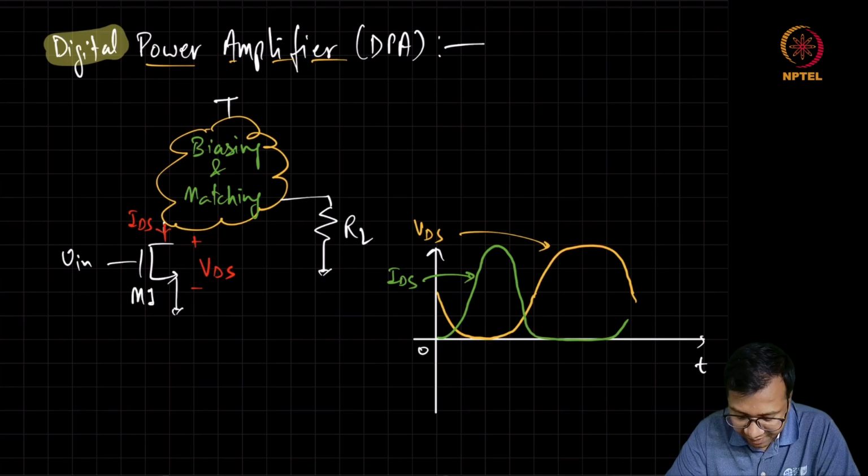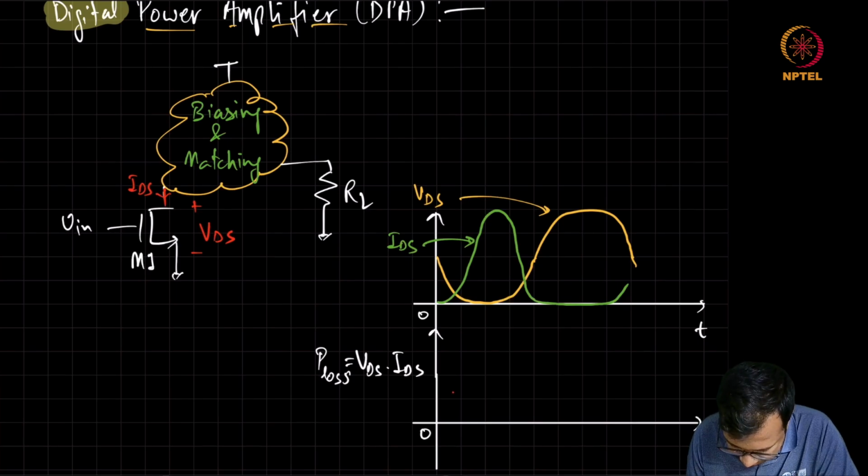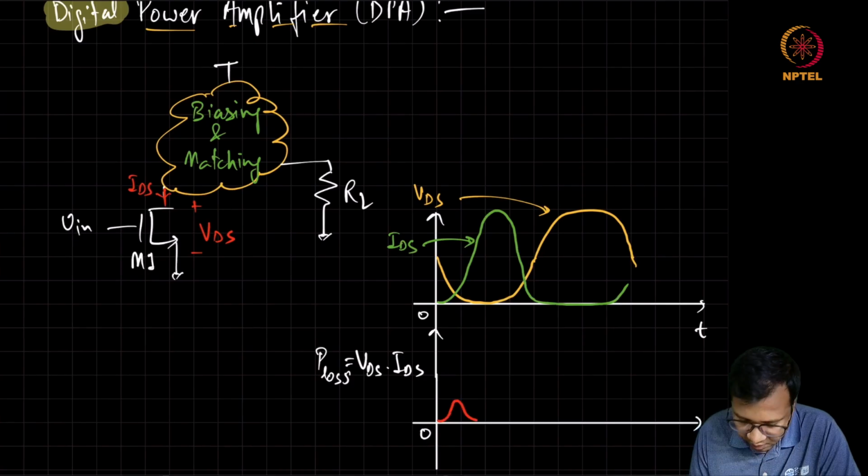So this is a very generic scenario. If you look at the product of VDS and IDS, let's call it P loss, then that product is going to have some peaks whenever the IDS as well as VDS are non-zero.